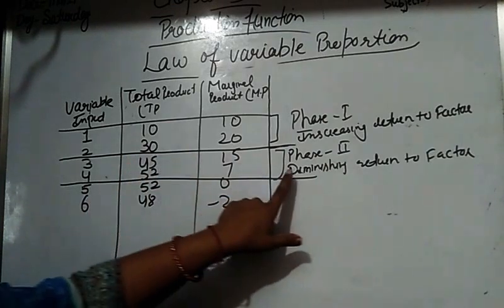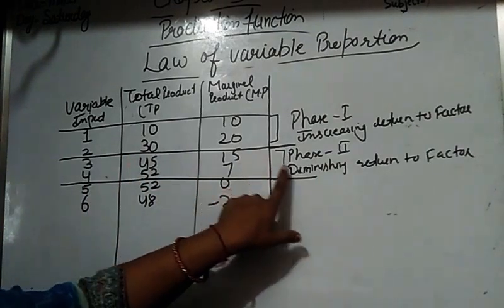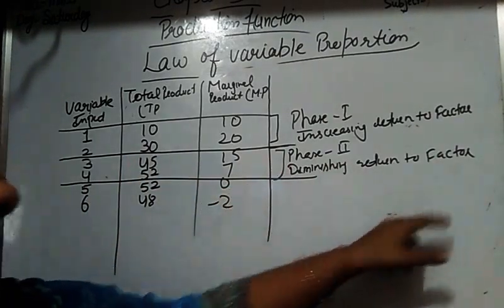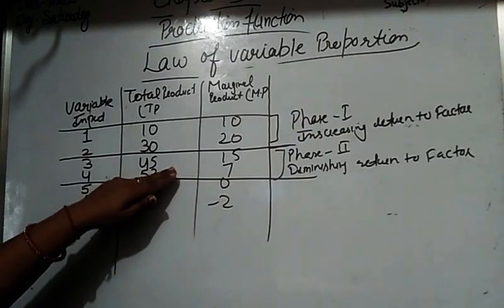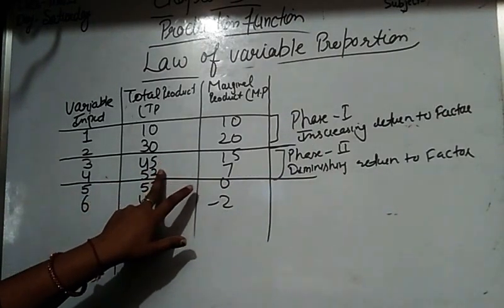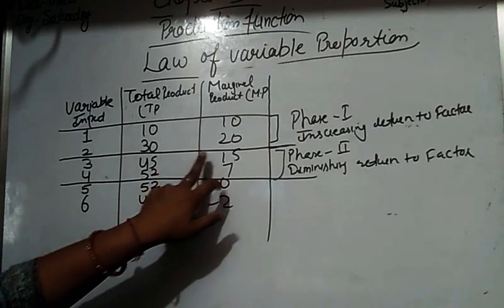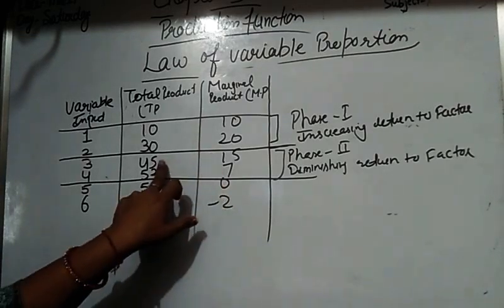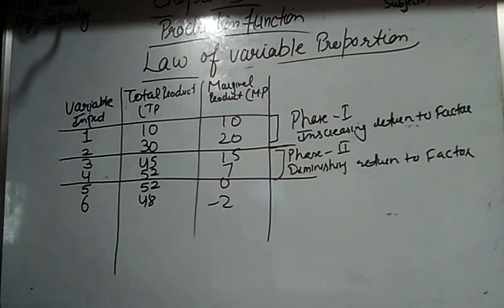So that phase we call diminishing return to a factor. See, 45 to 52, the least difference is there. First it is 15, then the difference is 7. So now production is increasing but at a decreasing rate.